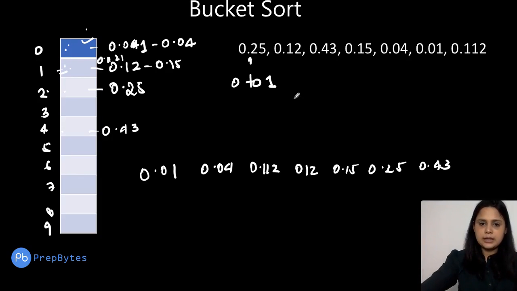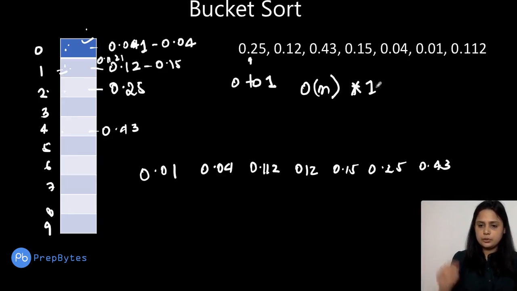So there are n elements, and each element will take just O of 1 time to get inserted, so the total time complexity is going to be O of n. Now let's say we have another scenario in which all the elements are in the same bucket.